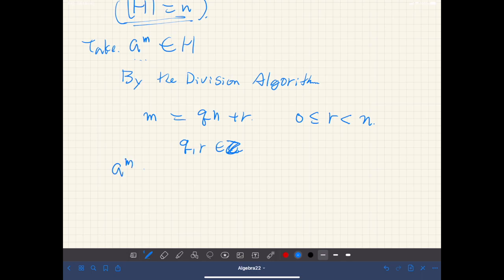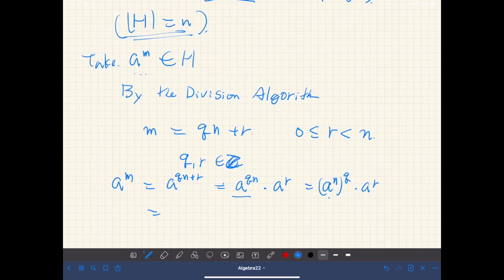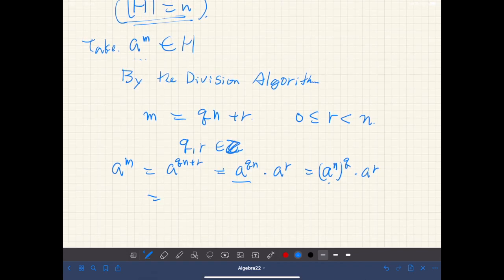Okay, so a to the power of m is expressed as a to the power of qn plus r, which we can split as a to the power of qn times a to the power of r. But this part is a to the power of n, to the power of q, times a^r. But since a is of order n, that means a to the power of n is equal to the identity element.